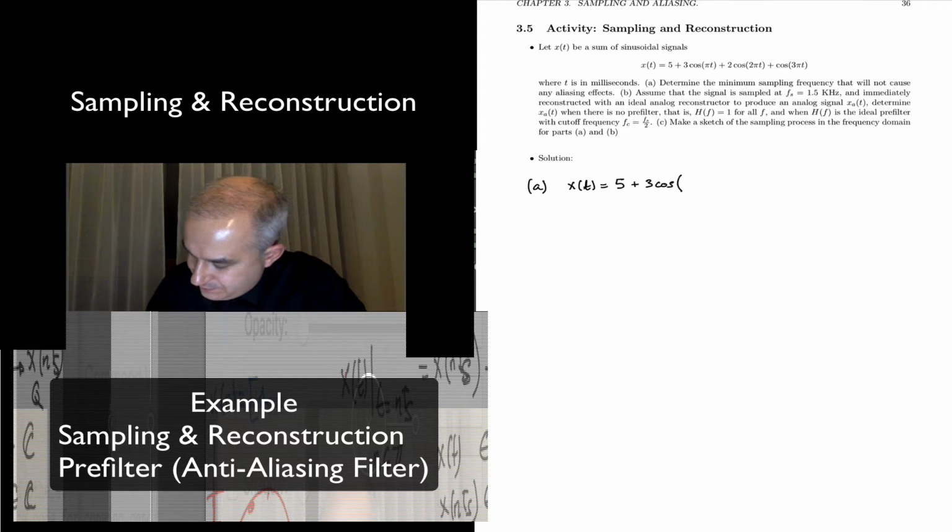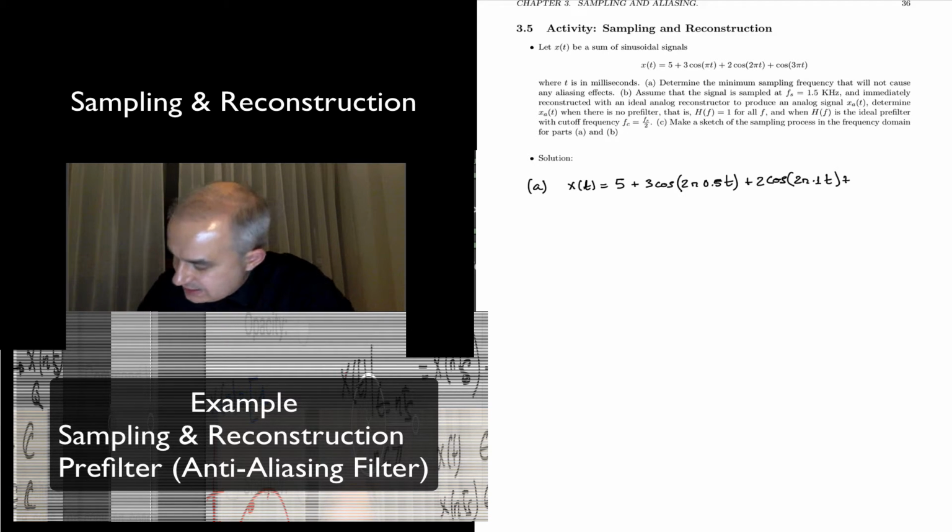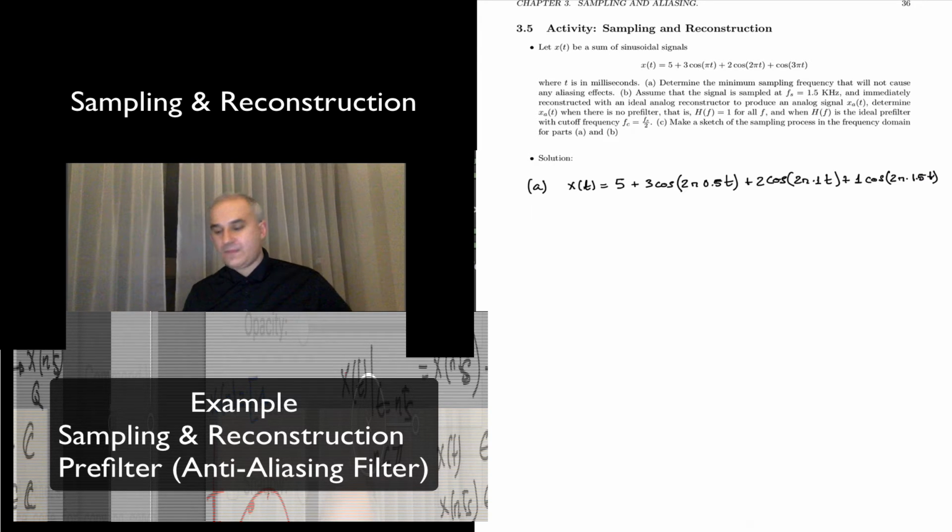So this will be 2 pi, 0.5 t, so that's the first component, plus 2 cosine of 2 pi times 1 t plus 1 cosine of 2 pi times 1.5 t. Right?